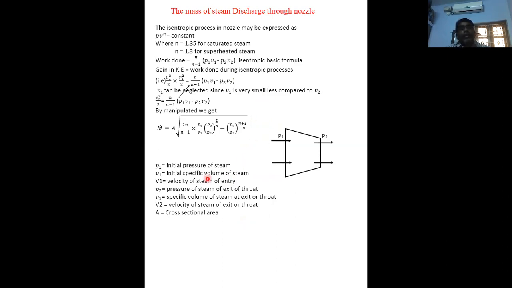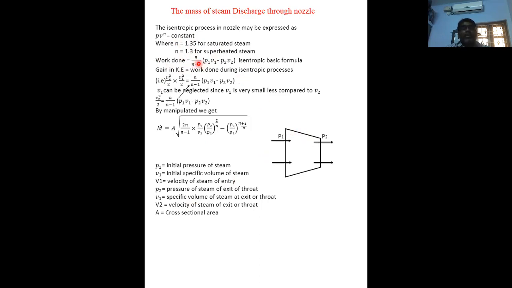In the next slide, we discuss the mass of steam discharged through the nozzle. It is very important. For the isentropic process, the nozzle flow may be expressed as PV to the power n equal to constant, where n is the adiabatic index: n equals 1.35 for saturated steam, 1.3 for superheated steam, and 1.13 for wet steam. So depending on the steam, we have to design the nozzle.